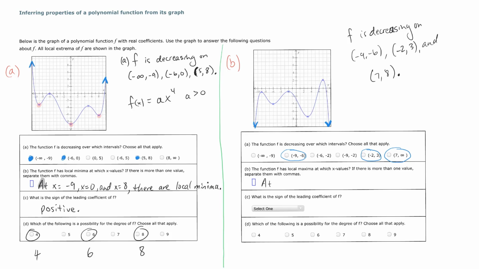At x equals -9, x equals -2, and x equals 7, there are local maxima.